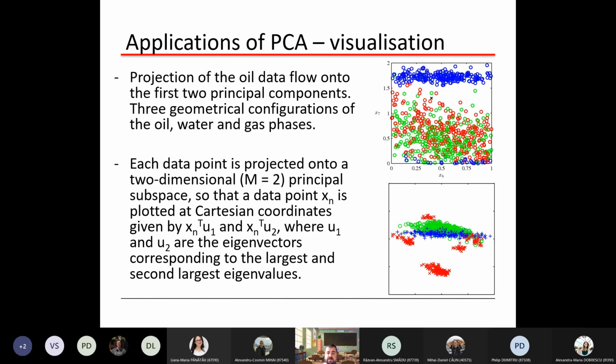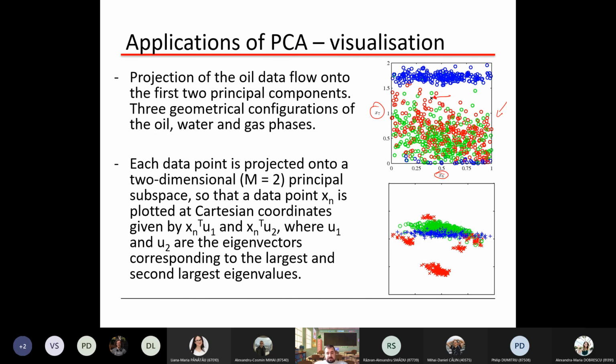Another application of PCA is visualization. Do you remember this image where we had a combination of oil, water, and gas? And I told you that the data set has 10 dimensions, out of which only the 6th and 7th dimensions are represented. When I presented you this picture, the problem was, how can we classify this point?